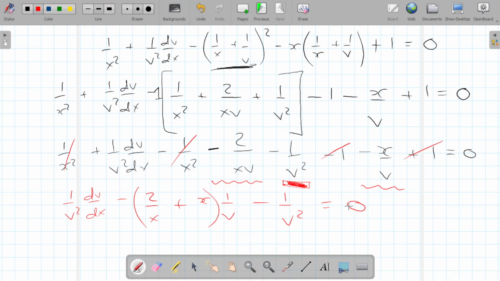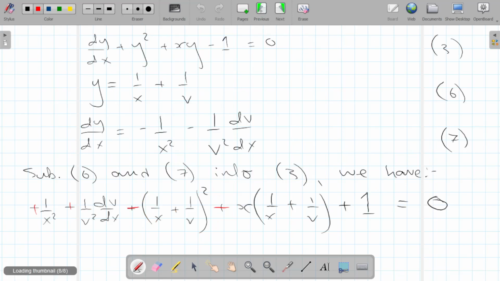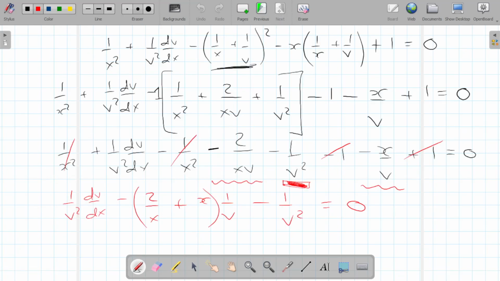Okay, in actual fact, we'll give that another label. We got up to equation 7, so we'll now call this equation 8. We can simplify equation 8 a little bit more.